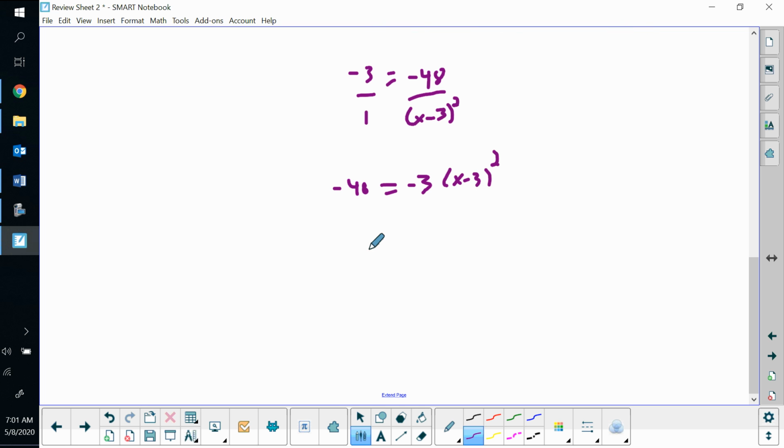Because now when you divide by negative 3, negative 48 divided by negative 3 gives us 16. Which is nice because when we take this square root, it'll work out nice. Set up two equations.